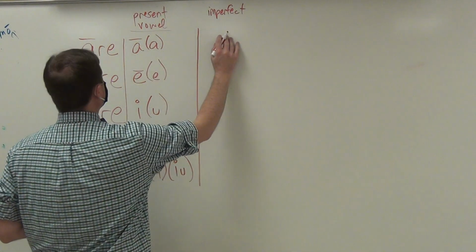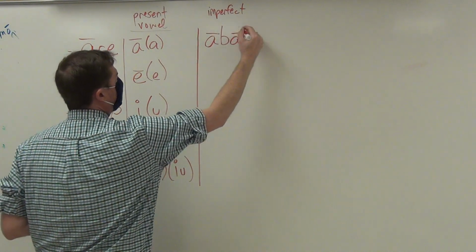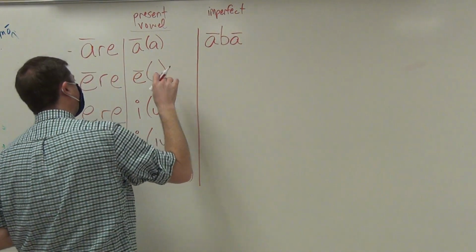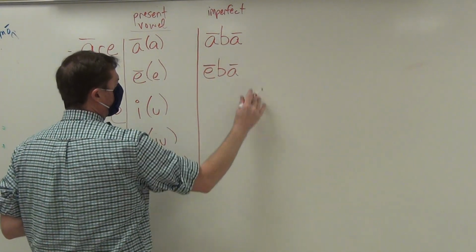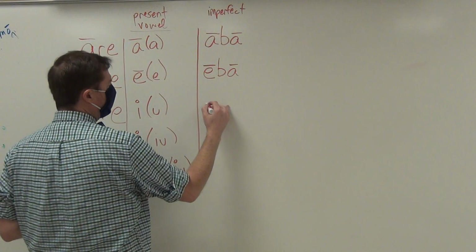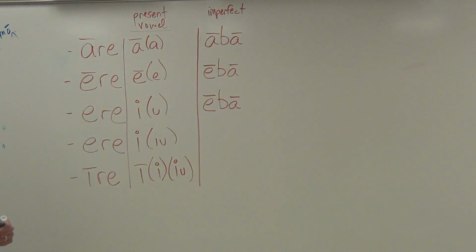So for first conjugation, it'll be a long A plus a BA. For the second conjugation, a long E plus a BA. The third conjugation, also a long E plus a BA. So you can see a difference between the present vowel and the imperfect vowel.